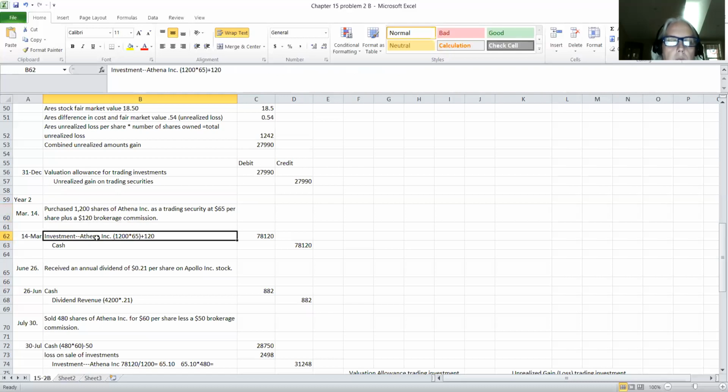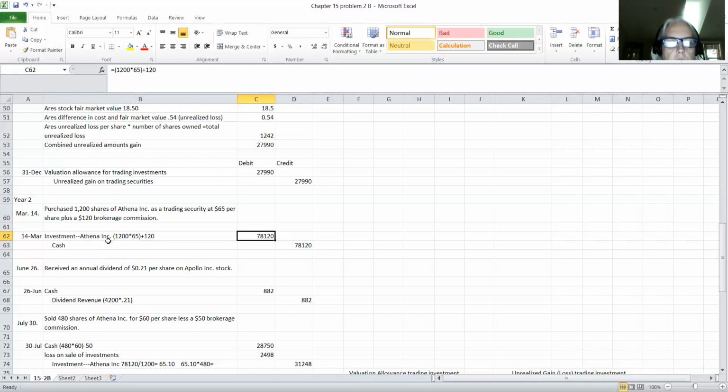So what we do is we take the number of shares of stock that we purchased, multiply it by $65, and then add back to that total $120 commission. That gives you a total amount for the investment at $78,120.